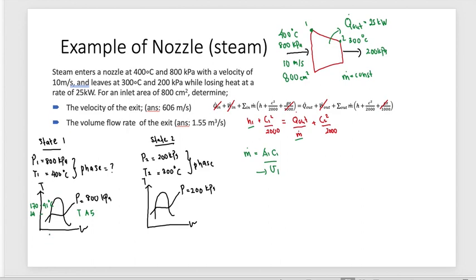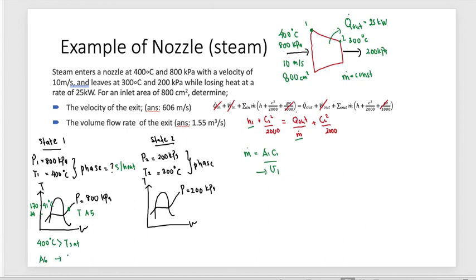Given here, the temperature is 400 degrees Celsius, which means it is greater than T saturated. So the phase is superheated.